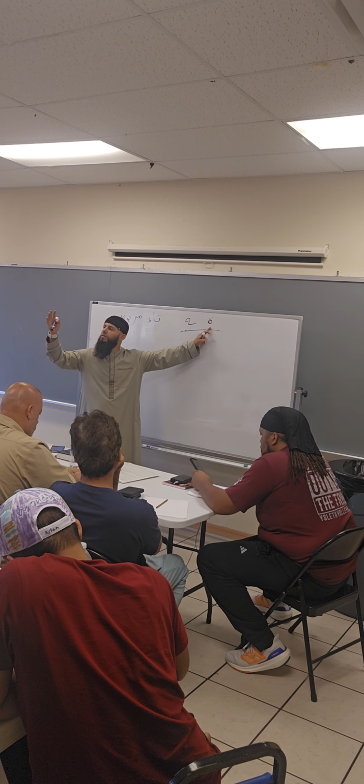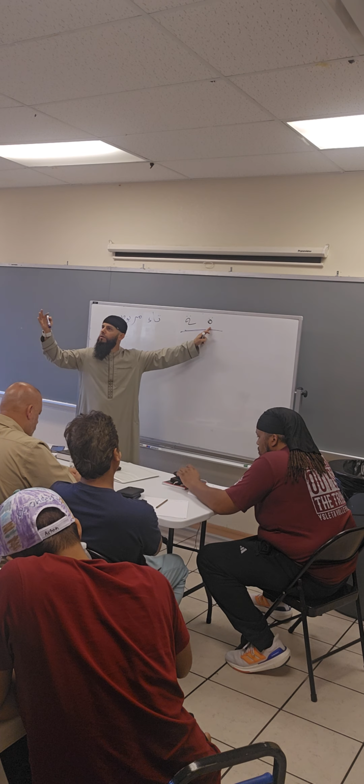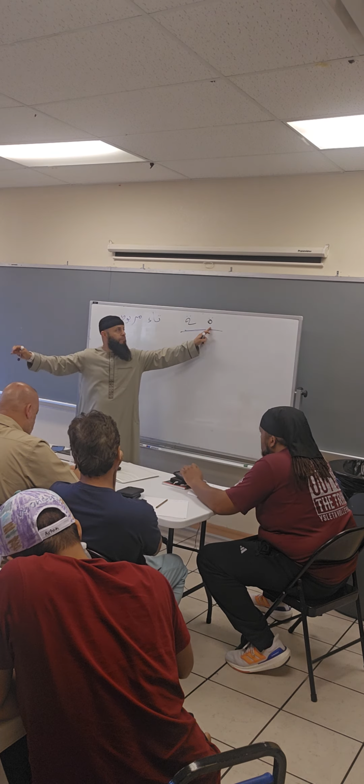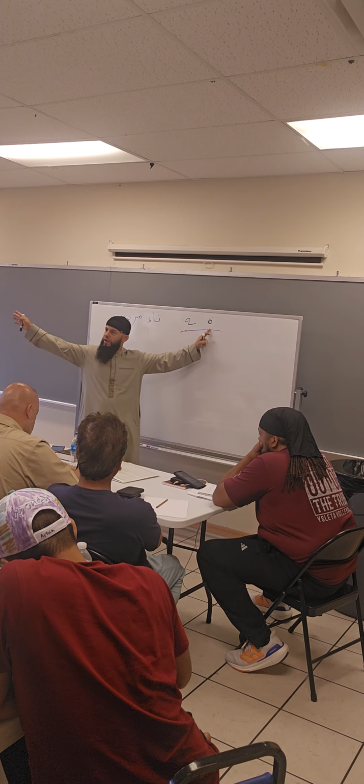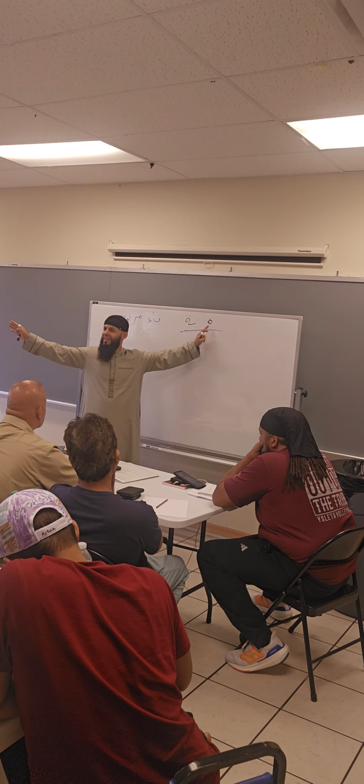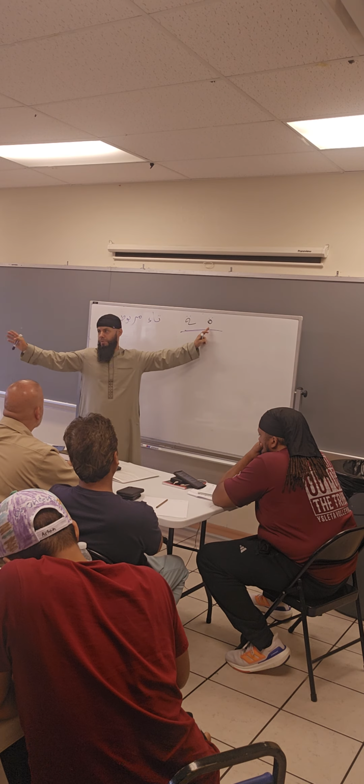Alif, ra, da, dha, za, wa. Right? This is the last group. If it comes after any of those letters, it's going to look like this. Remember that.